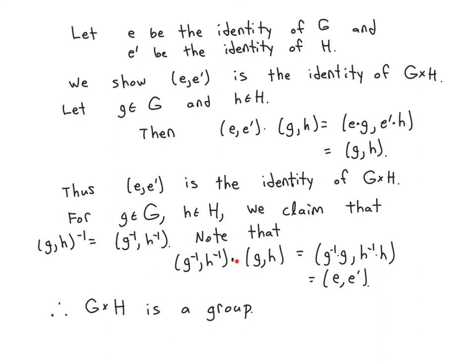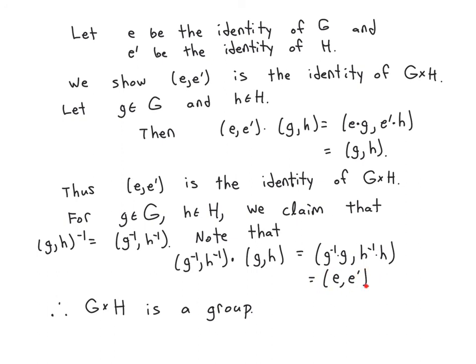We have to check that this product is the identity. Well, let's do it. Multiply g inverse, h inverse times g, h. Product of the first coordinates is g inverse g. Product of the second coordinates is h inverse h. g inverse g is the identity. h inverse h is the identity in H.